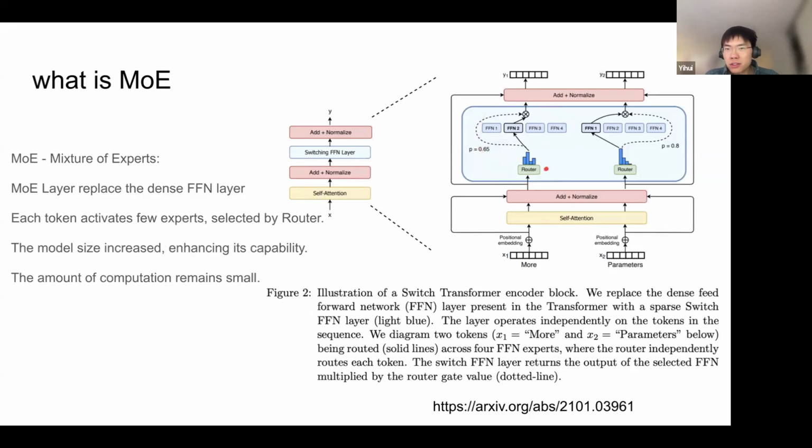You see here there are 4 FFN layers, and then each token selectively activates a few experts, which is selected by a router. The router is simply a matrix multiplication, a learnable matrix, to select one of the experts based on the input. The model size increases, enhancing its capability, while the compute roughly remains the same as the original model.